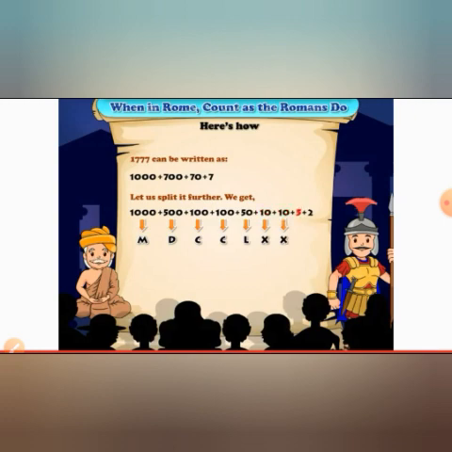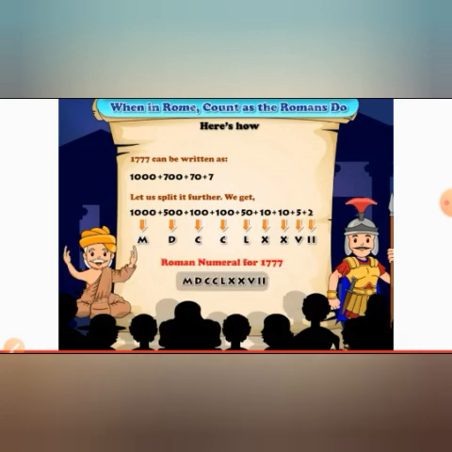Finally, 5 is represented with a V and 2 is represented with I and I. So that is the Roman numeral for 1777. Finally, we have the Roman equivalent.